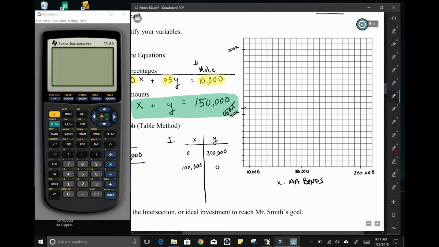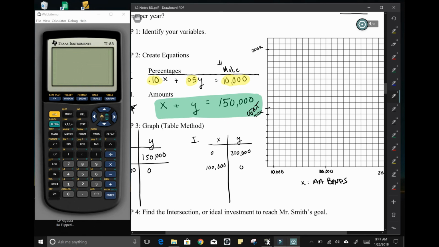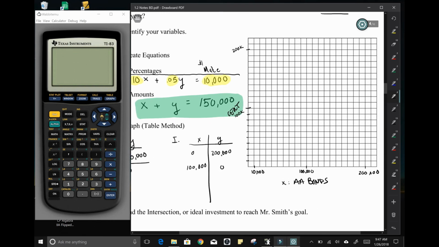For those that don't know, if you do 200K, that means 200,000. Anyway, let's just plot our points so we can get this finished here.